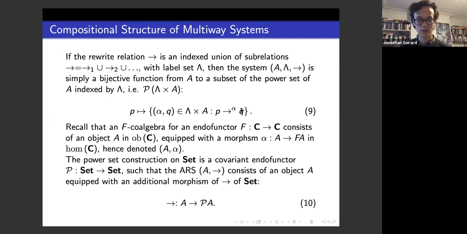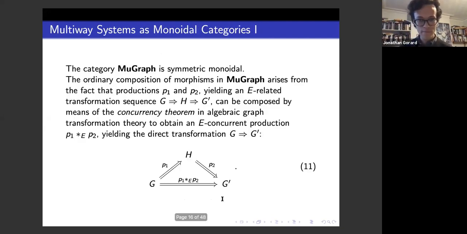So we have a function that looks like this. And this means that if we consider the power set construction to be a covariant endofunctor on Set, then one of these abstract rewriting systems is an object, which is effectively the set of possible hypergraphs equipped with this morphism of Set, and therefore provides us with an F coalgebra for the power set functor.